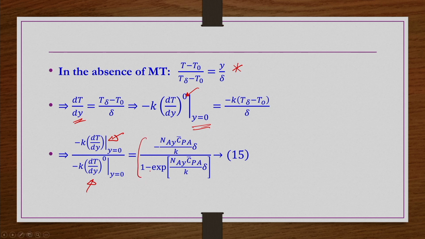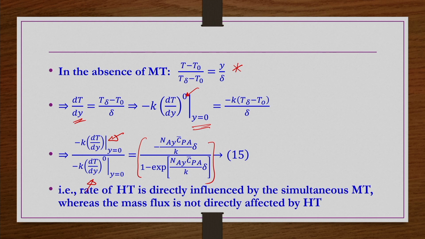Then this quantity will give the relative contribution of mass transfer on the heat transfer rates, by including the mass transfer and without including the mass transfer, right. So what we understand here is that the heat transfer part is clearly affected by the mass transfer or mass flux, but in the mass transfer part there is no heat transfer effect.